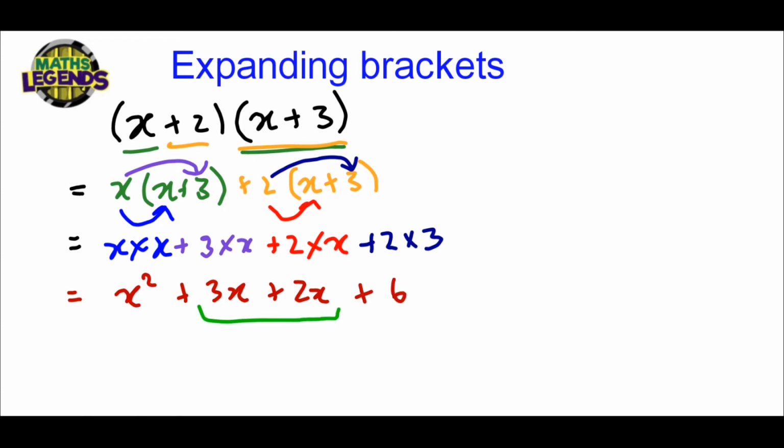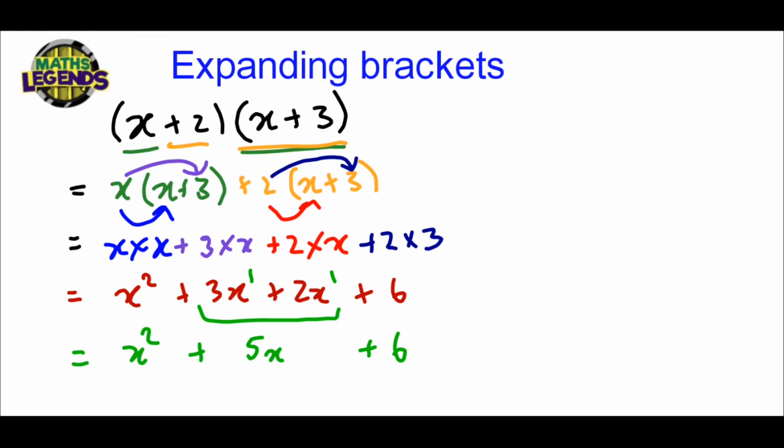Now these here have the same power of x, so here they're powers of 1, so we can add them together. So 3x plus 2x is 5x, and the rest remains the same, plus 6 and x squared.